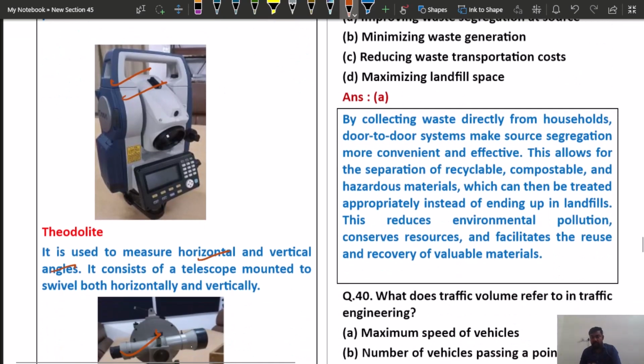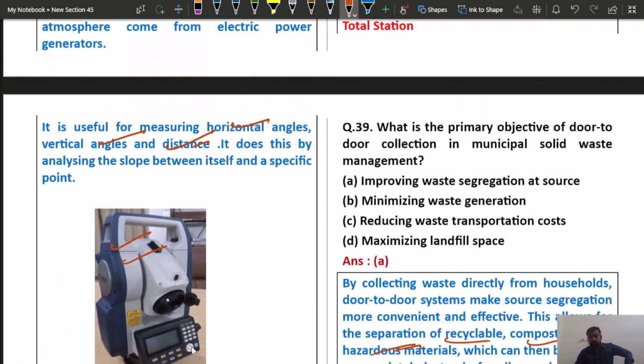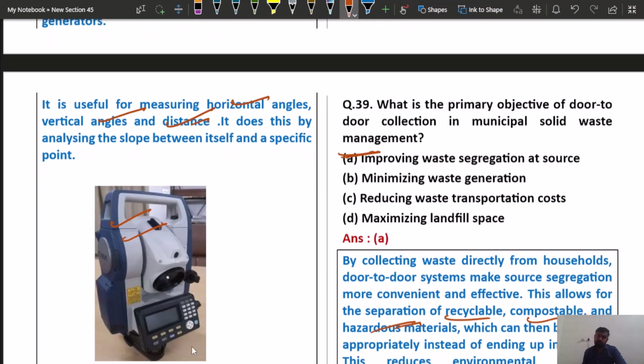From the source we can conveniently separate the waste into recyclable waste, compostable waste and hazardous waste. After this process it will be easy to landfill or to decompose these types of waste. So the correct option will be improving waste segregation at source. Now proceeding to the next question.